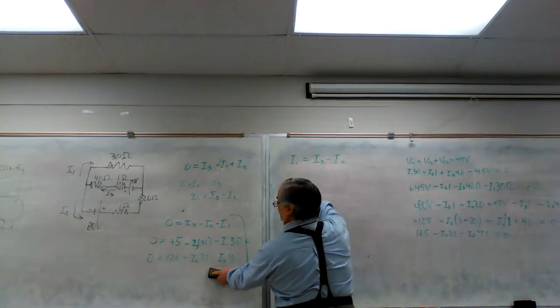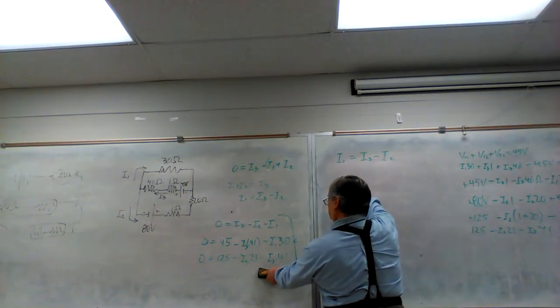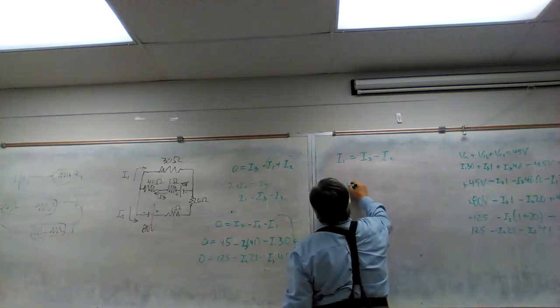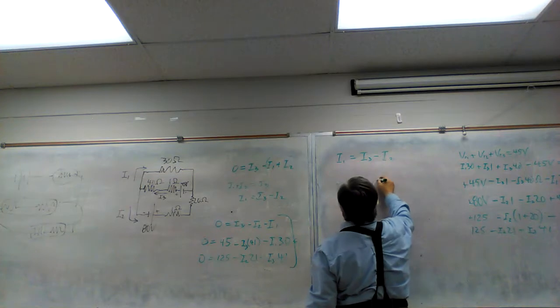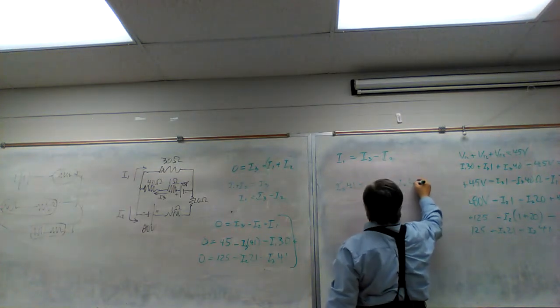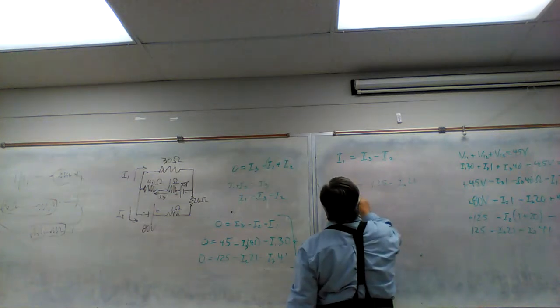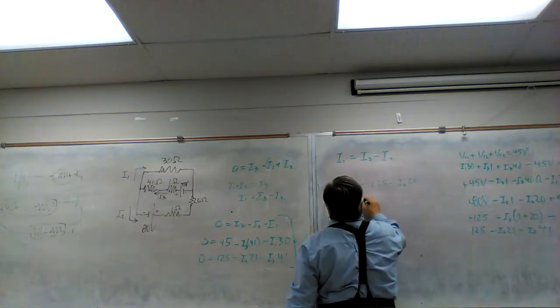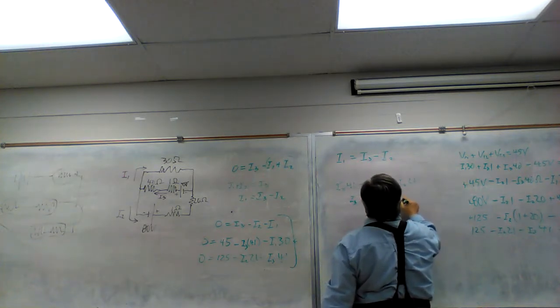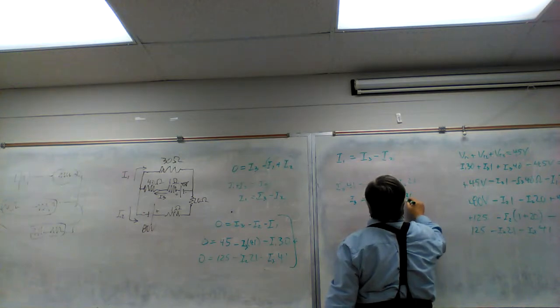We end up with, we're solving for I3, so we have I3 times 41 equals 125 minus I2 times 21. So I3 becomes 125 over 41 minus I2 times 21 over 41.